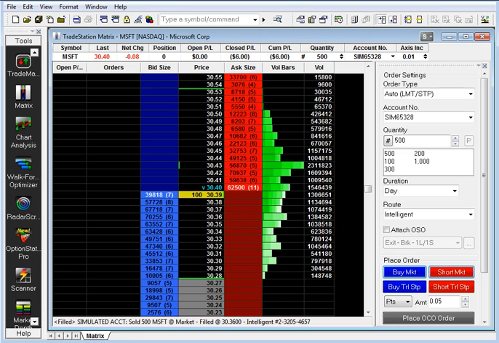For a demonstration, let's buy 100 shares of Microsoft at the current trading price. I can select 100 from the recently used quantities, or I can use the directional arrows to increase or decrease the quantity. Let's click the Buy Market button.